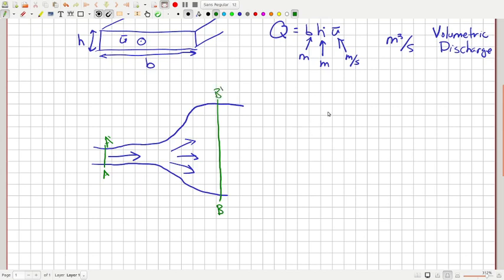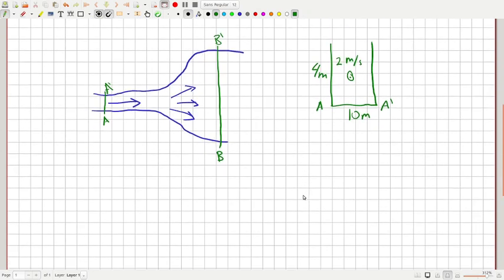The first cross section is going to have flow that is quite deep and narrow compared to the other one. It is still going to be a little bit vertically exaggerated. What I'm going to say is that this flow is 4 meters deep times 10 meters wide. It's going from A to A prime, and it's coming towards us at 2 meters per second. Now, the second one is a flow that's much wider.